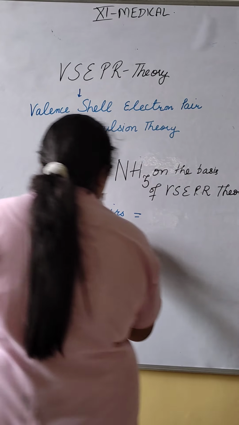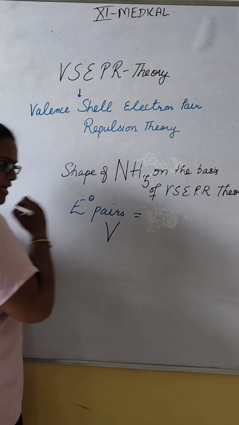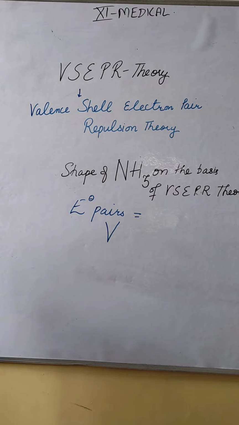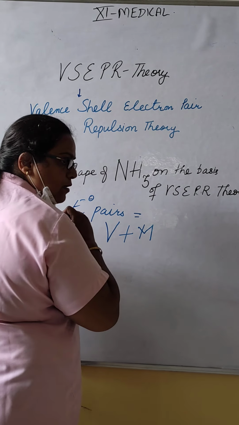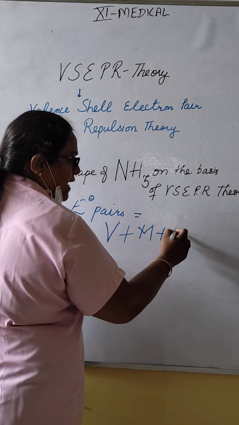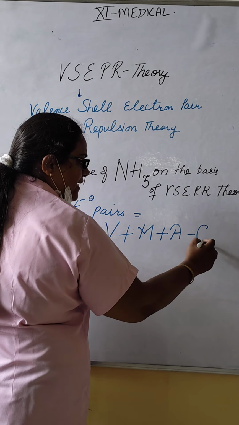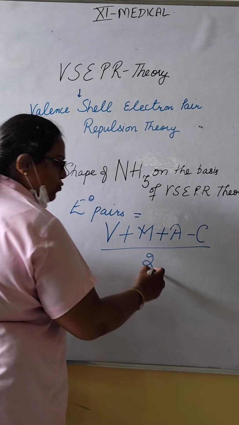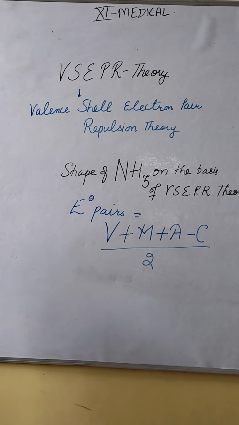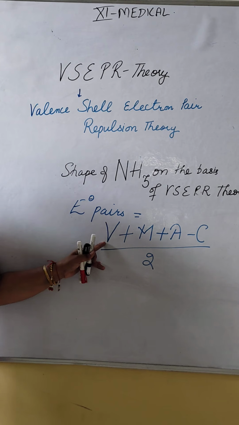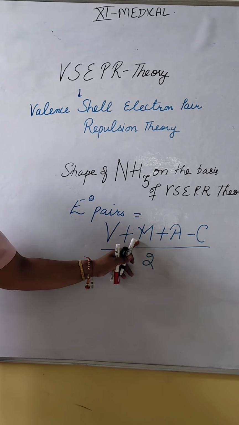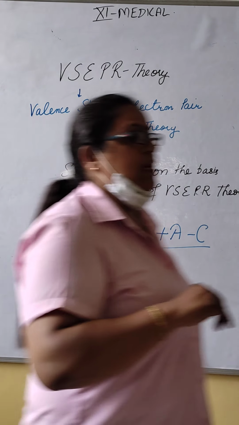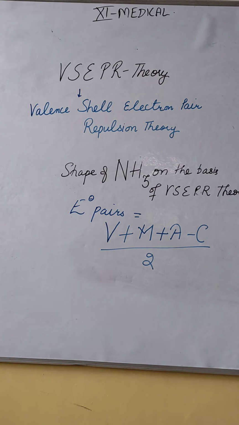The formula for this is valence electrons of the central atom plus monovalent atoms plus anion minus cation, divided by 2. Here V means valence electrons of the central atom, M means monovalent, A means anion, C means cation.